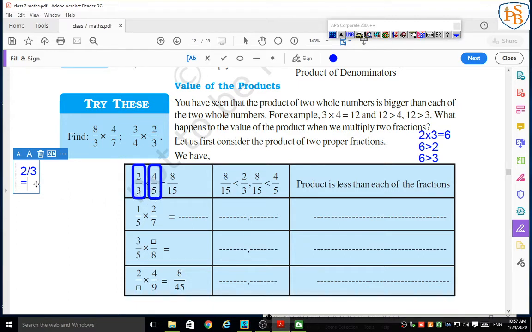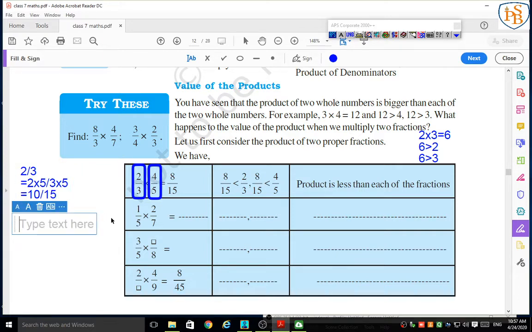So we have to convert denominator 3 into 15, and for the conversion we have to multiply by 5. So I will also multiply the numerator by 5: 2 into 5 upon 3 into 5. So I get 2 5s are 10 and 3 5s are 15, so it is 10 upon 15.